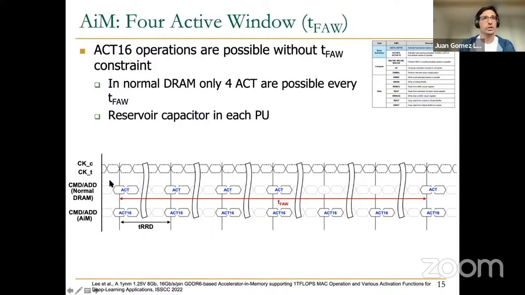And as you can see here in this timeline, we can compare the normal DRAM operation, where only 4 activate commands can be issued every tFAW nanoseconds, while in the modified design for the accelerator-in-memory architecture, it's possible to issue new activate commands, up to 16, during this time.